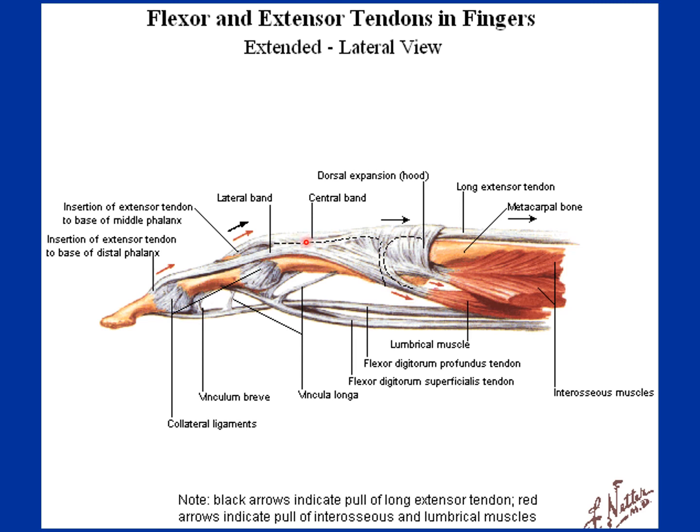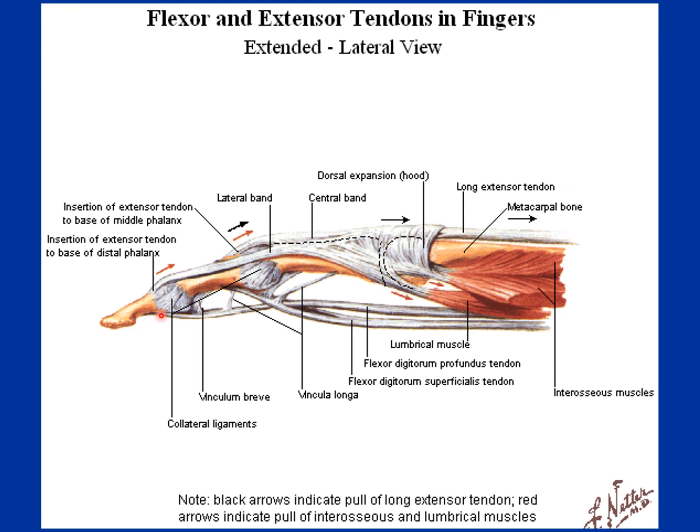It has central and lateral bands, and below you can see the flexor digitorum superficialis. Here it splits into two and attaches to the middle phalanx, and flexor digitorum profundus is moving inside and then inserted on the base of the distal phalanx.